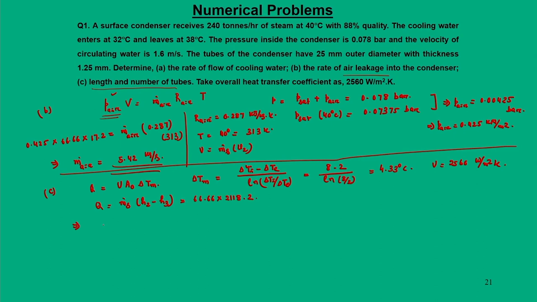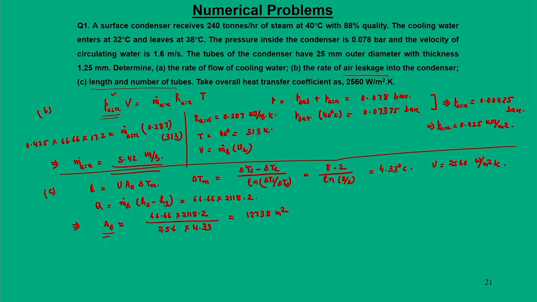Then we can get A0 is equal to 66.66 into 2118.2 divided by U, that is 2.56 into 4.33. So, the area you can calculate right now is 12738 meter square.